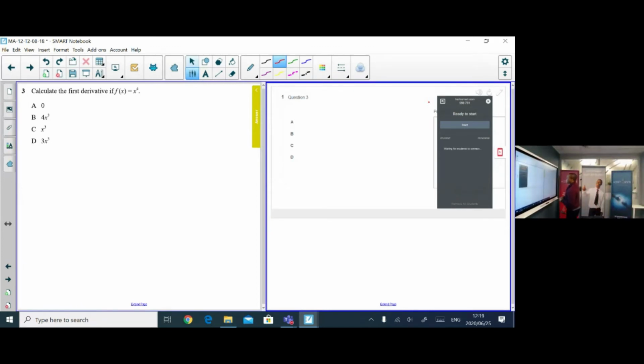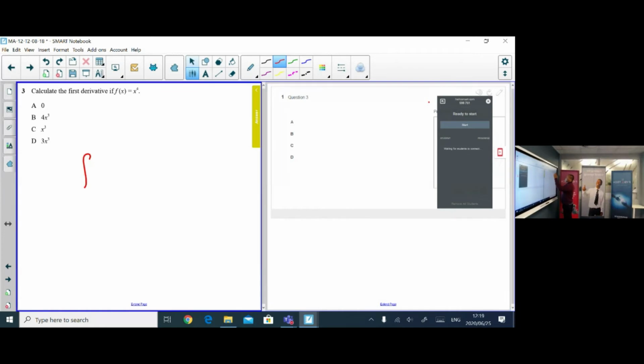So that is great. I'm sure that you found out that f prime of x would give you, we put down the 4, then you are left with x, and we subtract the 1 from the 4, which gives us 3.